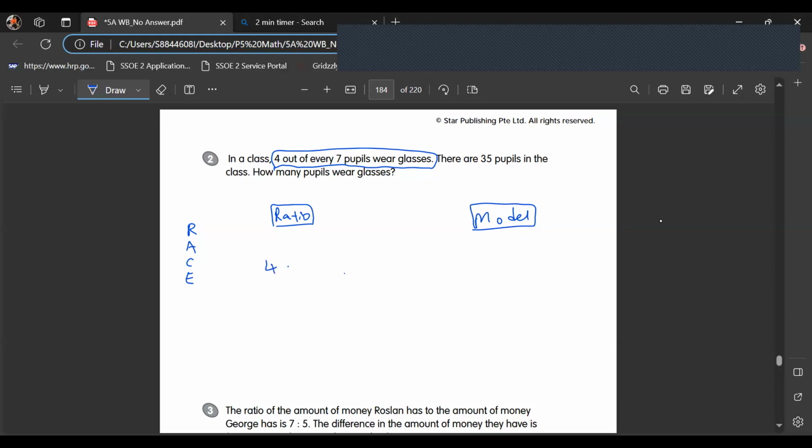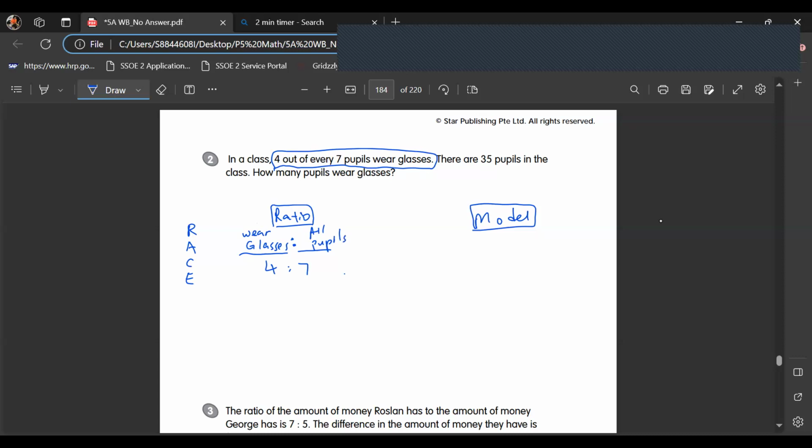So it's 4:7, and then I hear some of you say 4 is wear glasses. Then what is 7? Is it don't wear glasses? Yes. This is something you need to clarify and be very clear about. It's 4 out of 7 people who wear glasses, so 7 is actually all the students.